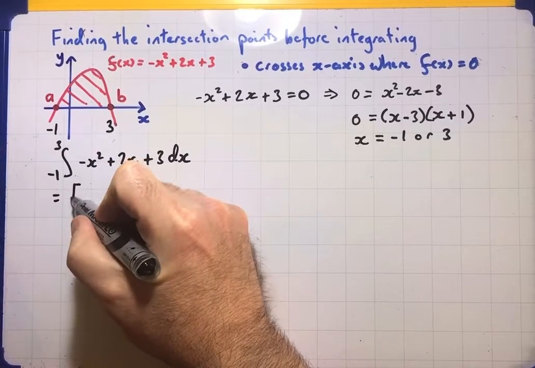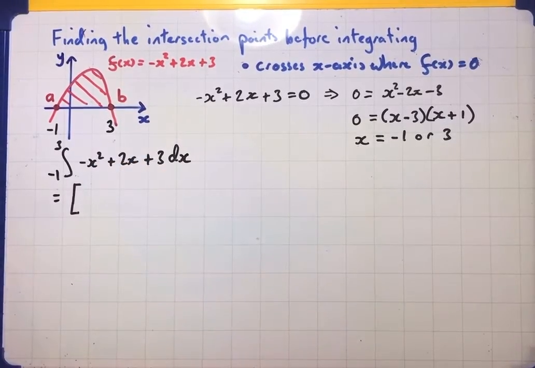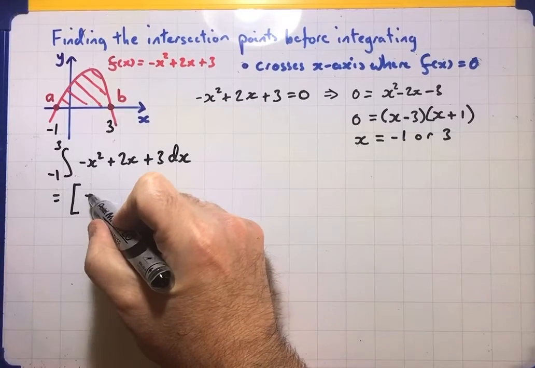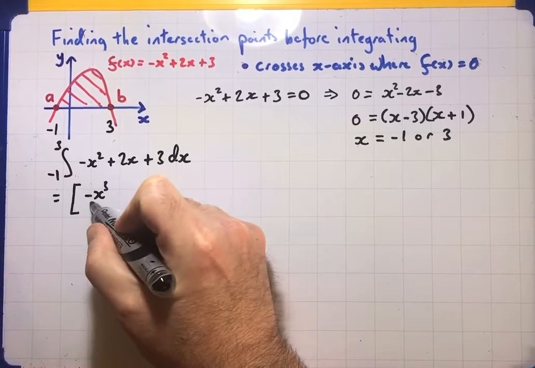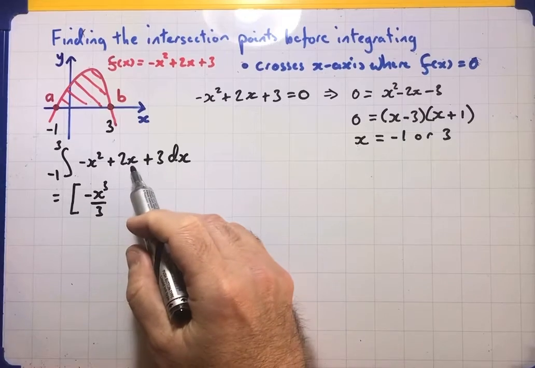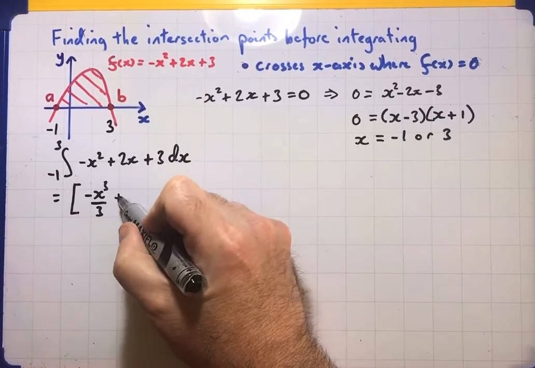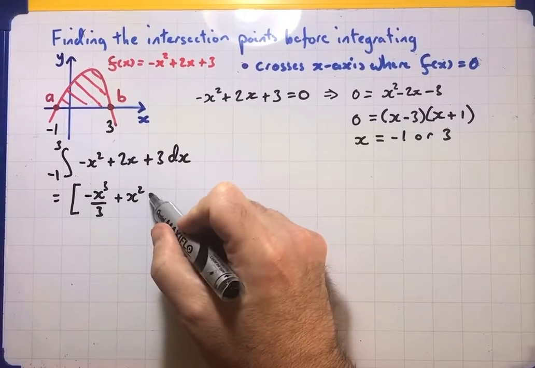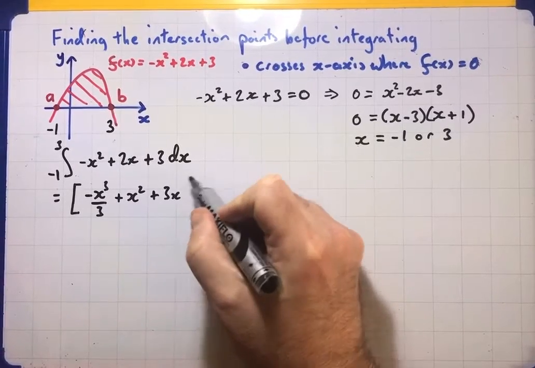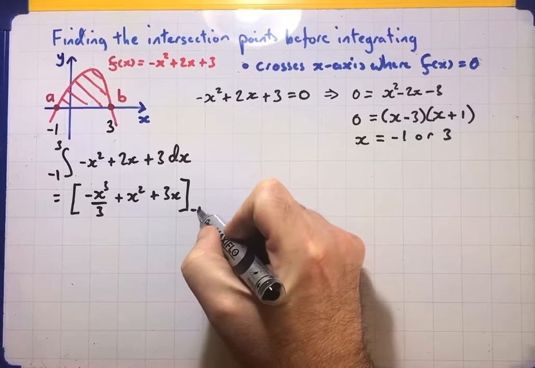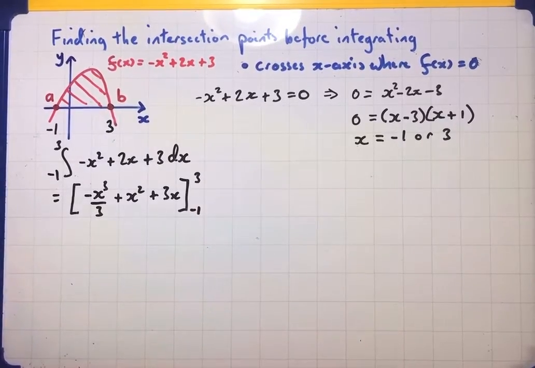If we integrate that, we know increase the power by 1, divide by the new power. So it's minus x cubed over 3. That becomes 2x squared over 2, which is just x squared, and plus 3x. And remember, we're going between minus 1 and 3.